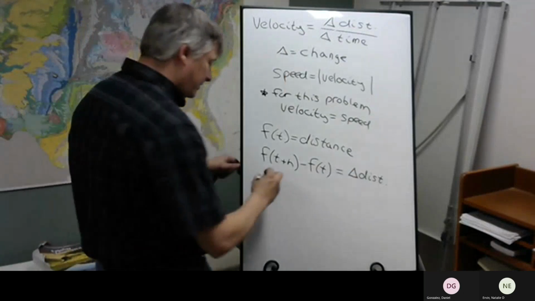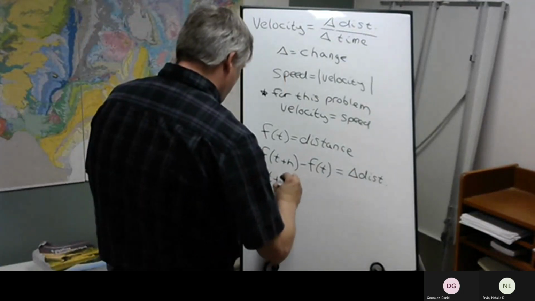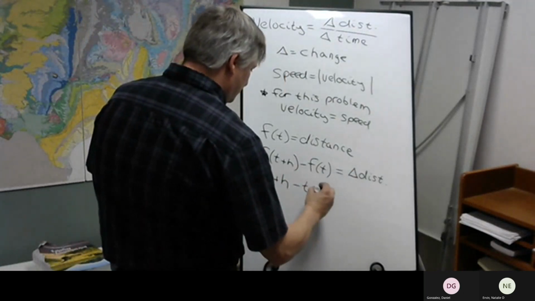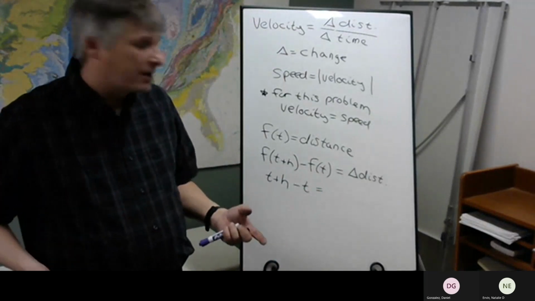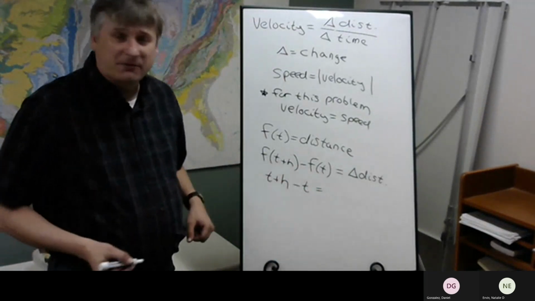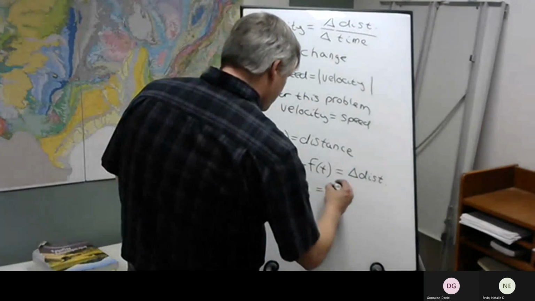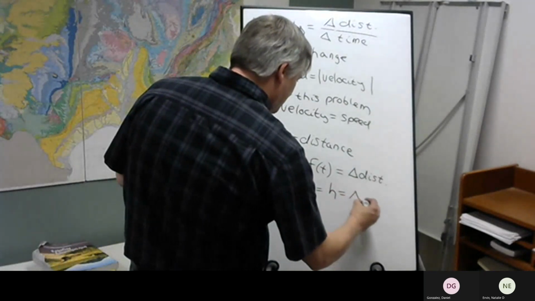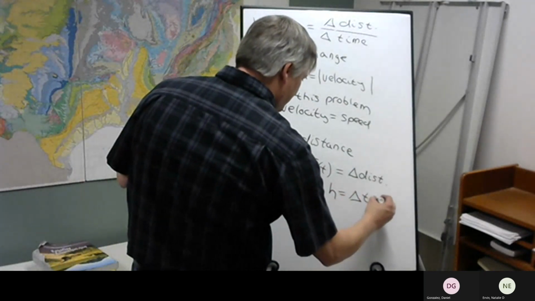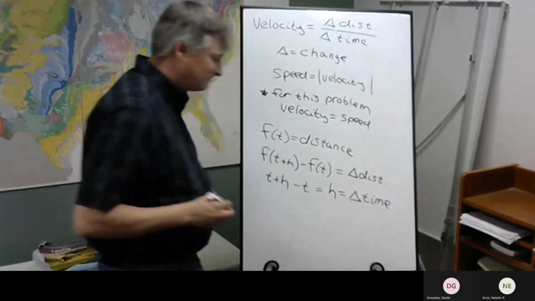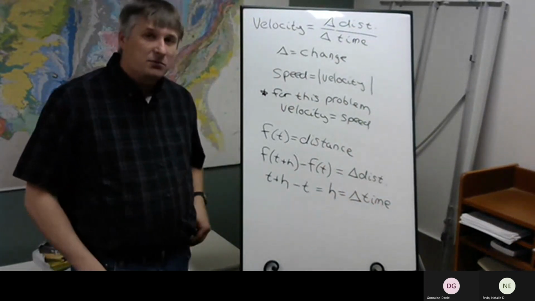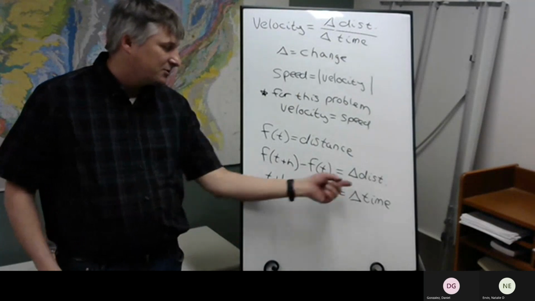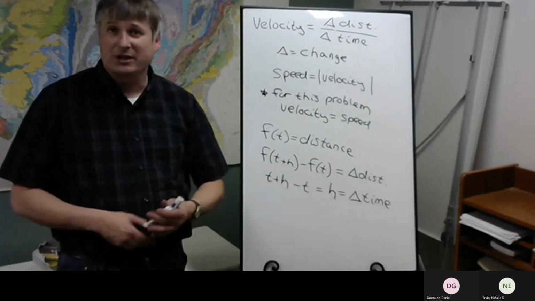Now if we take t plus h minus t, well, that's a difference in time. We're changing time. But again, these are going to simplify down to just h. So h in this case will be delta time. So if we take the ratio of these two things, we're going to get a change in distance over a change in time.